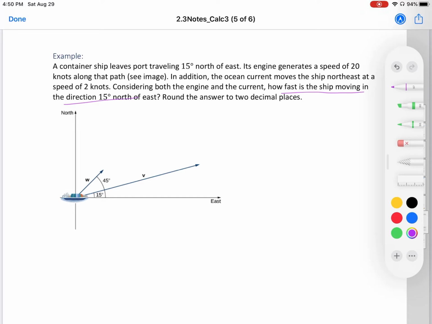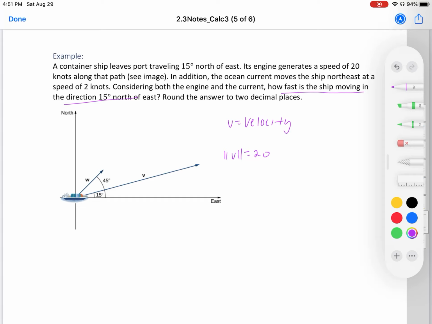Okay, so to begin, let v be the velocity vector generated by the engine, and let w be the velocity vector of the current. We already know that the magnitude of v is equal to 20 along the desired route.